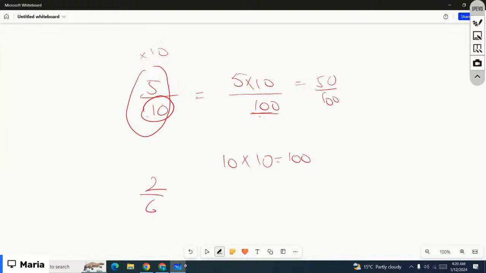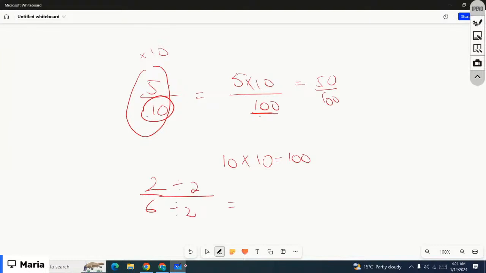What you have to do is find the largest common number that can divide both numerator and denominator. You have to divide them by the greatest number that can divide both the numbers, right?